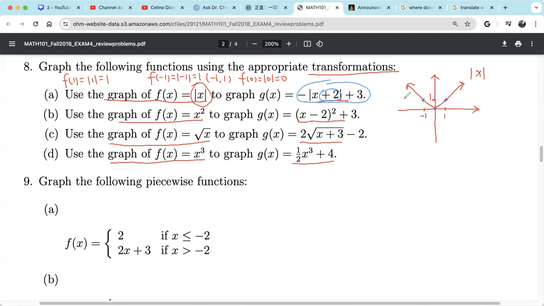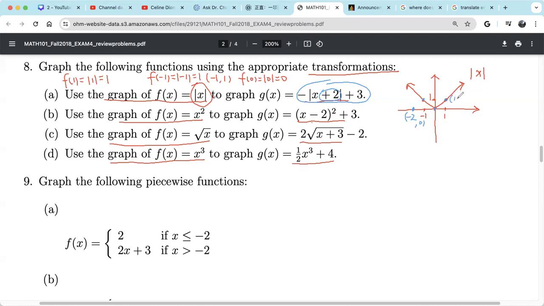When we push the graph to the left, we need to graph this -2. Pushing this point horizontally 2 units to the left, we get the vertex, -2, comma 0.